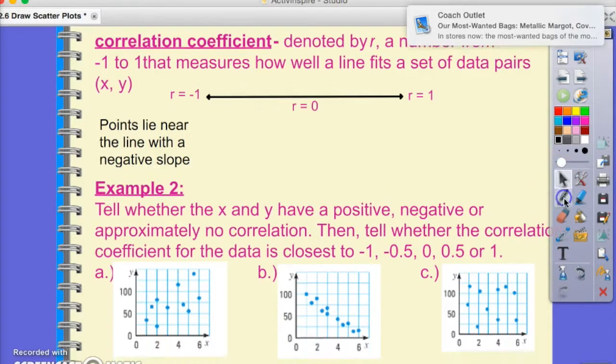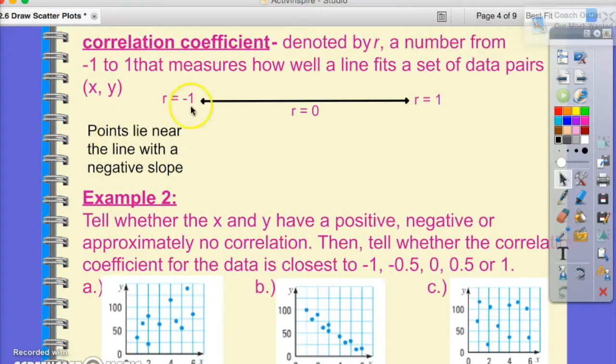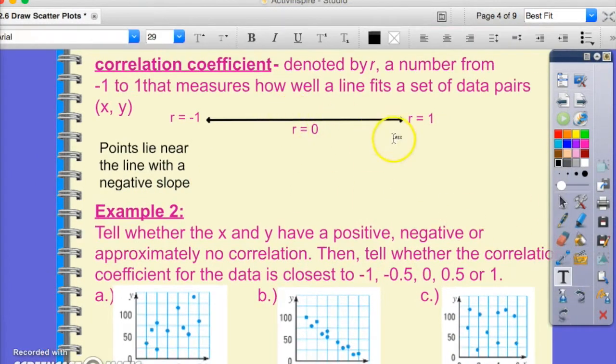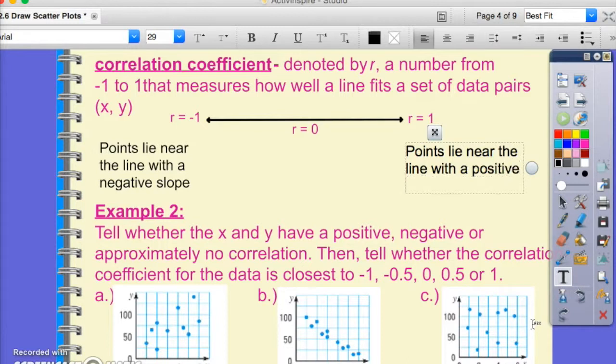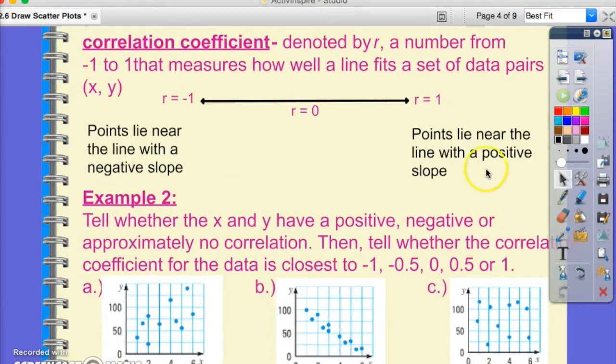If it's -1, points lie near the line with a negative slope. If it's +1, points lie near the line with a positive slope. So if it's -1 or +1, the points lie close to an actual straight line.